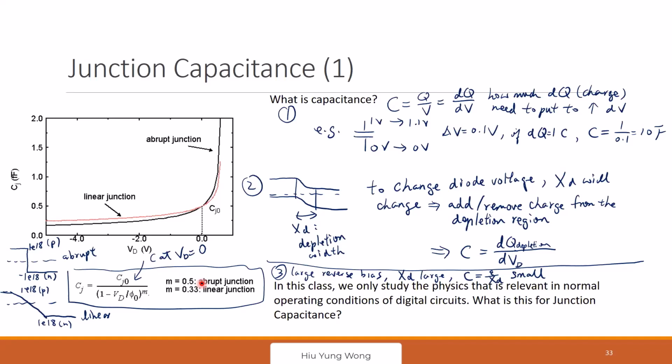In this class, we will only use those capacitances that are related to normal operation. So what number will we use? Usually it has to be reverse bias because you don't want to forward bias a PN junction. Any questions so far? This is a little bit messy, but I try to remind you of some of the fundamentals.